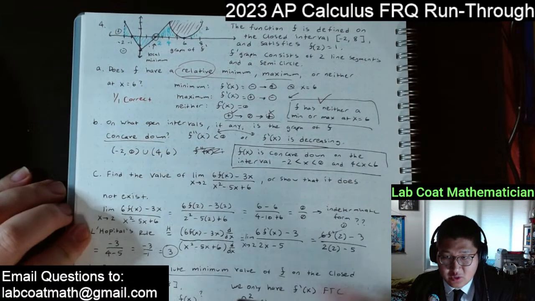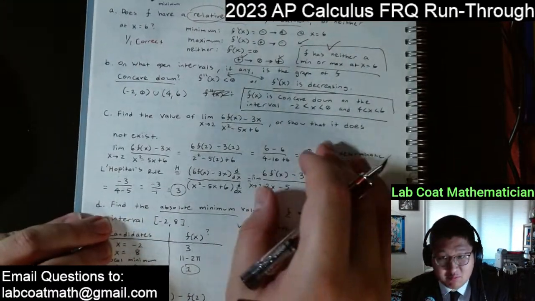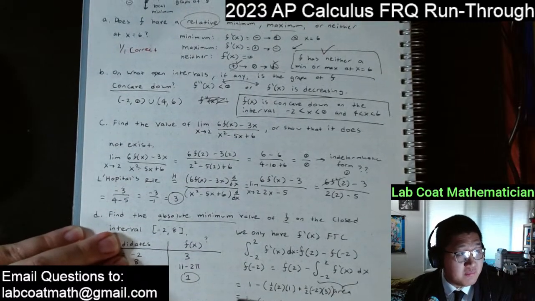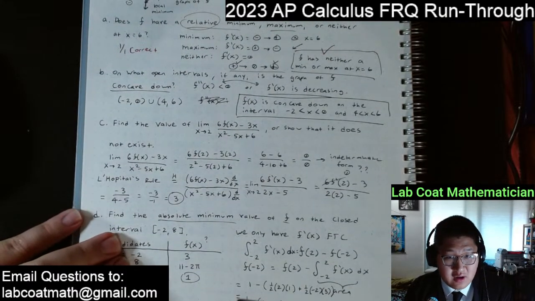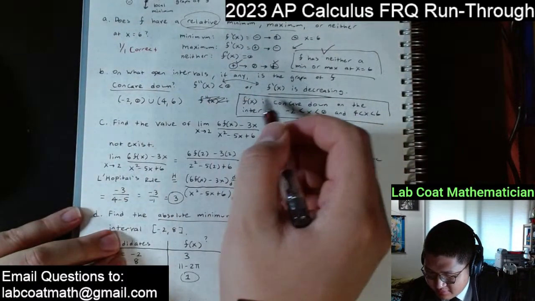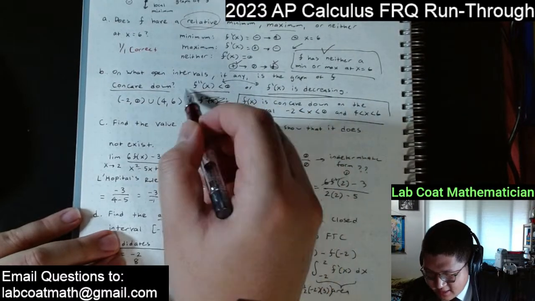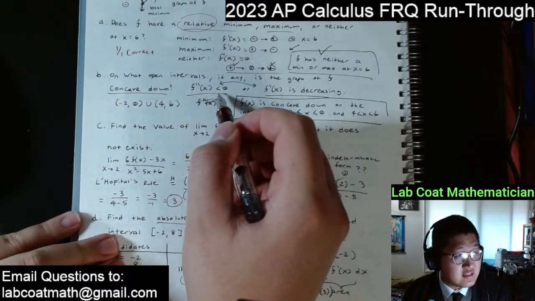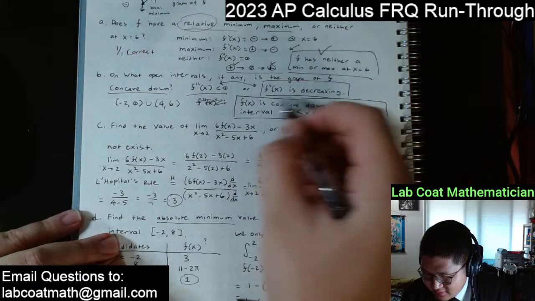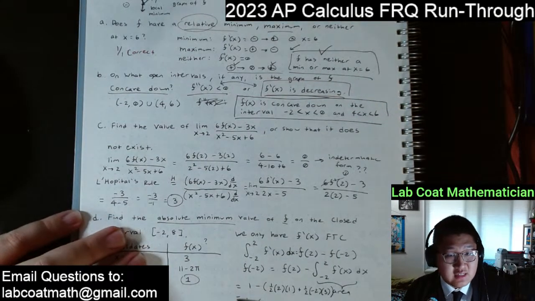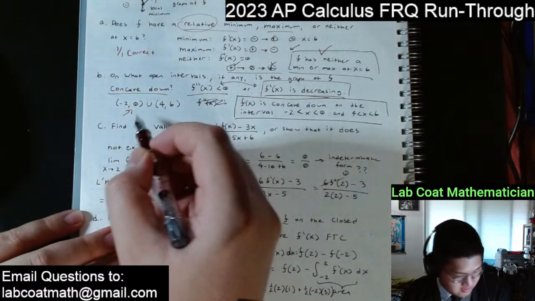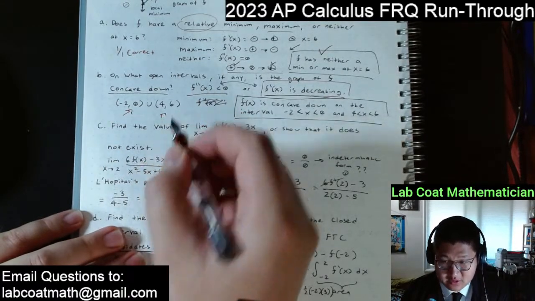Okay, then going on to part B, they want to see where the function is concave down, at least for the first derivative graph. Again, we made our reasoning that if we're looking for the second derivative to be less than 0, we need to then confirm that the first derivative of f is decreasing, right? And so the intervals will be from -2 to 0 and from 4 to 6.